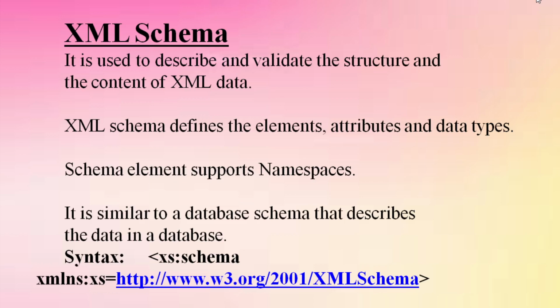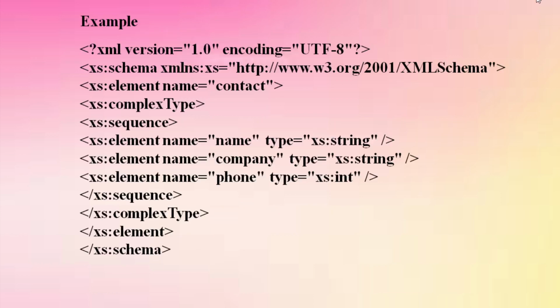xs:schema xmlns:xs equals to URL. The schema is interpreted like this. xs:element name equals to, here our element name is contact.